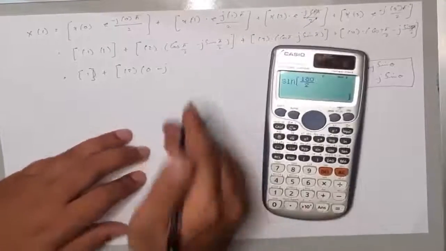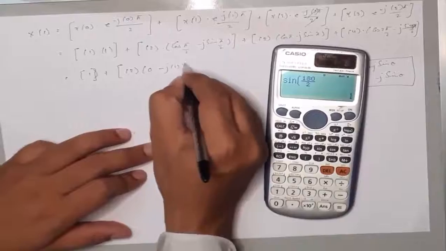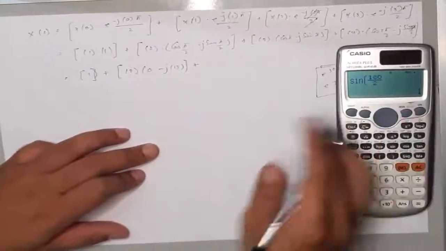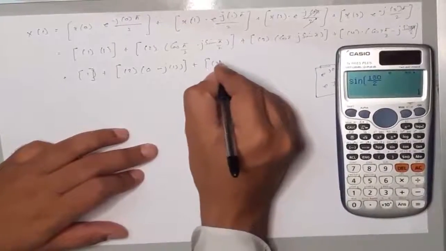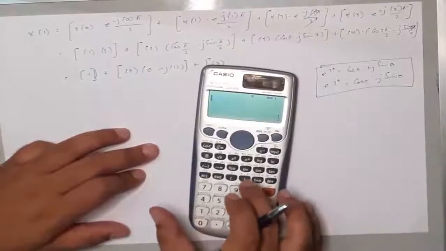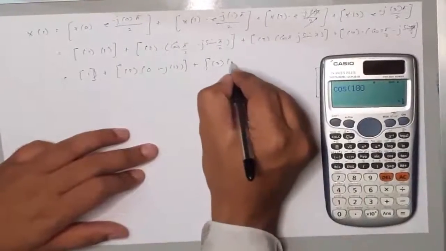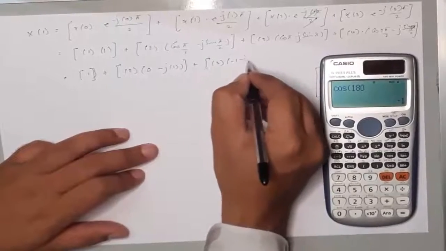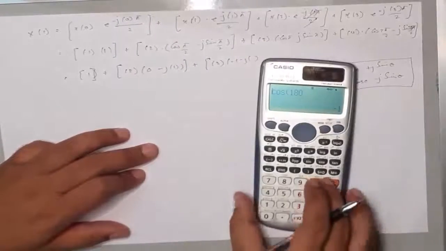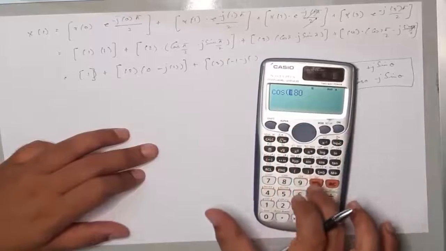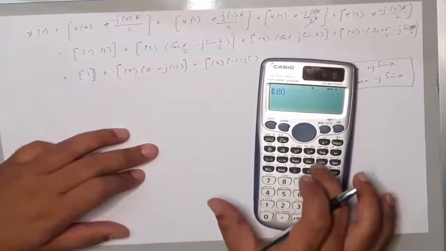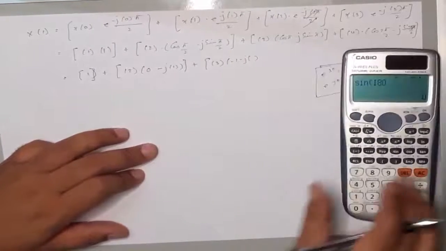So this is into 1, plus 3 into cos 180. Cos 180 is minus 1, minus j. Similar way, sin 180 also you should be seeing, that is 0.